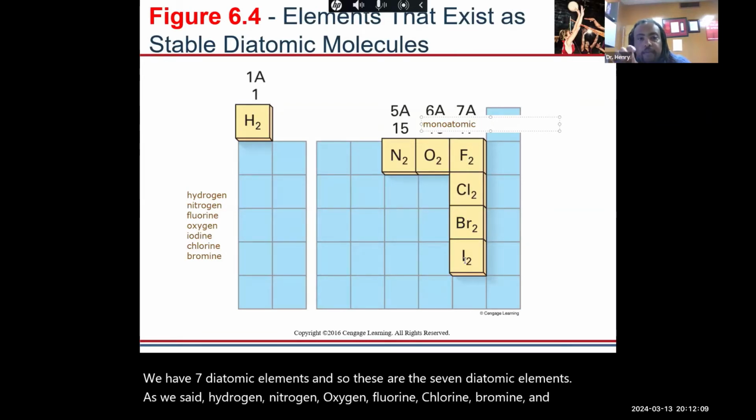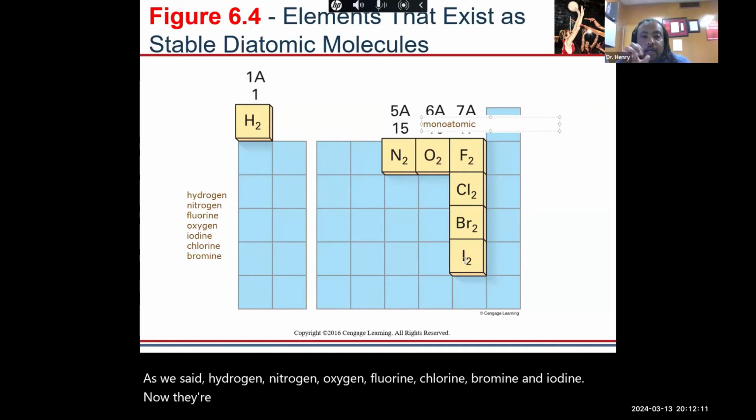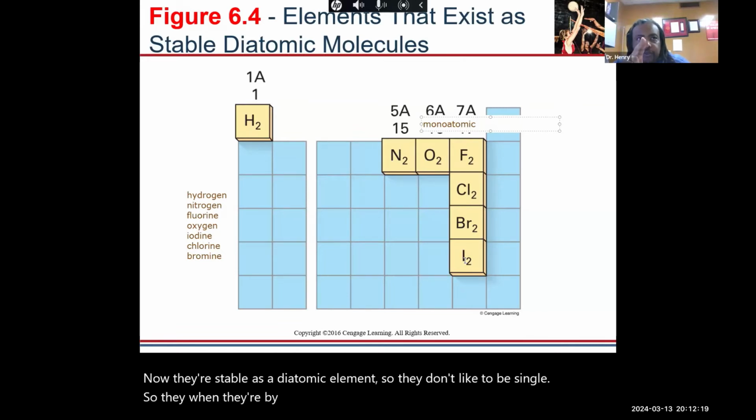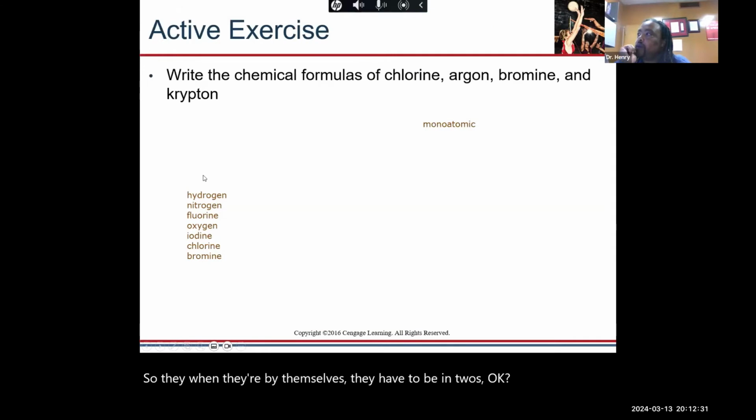Now, they're stable as a diatomic element, so they don't like to be single. When they're by themselves, they have to be in twos. Okay. Clear.